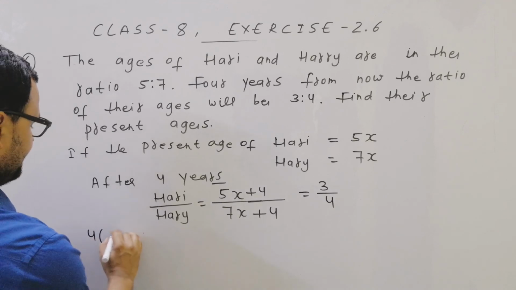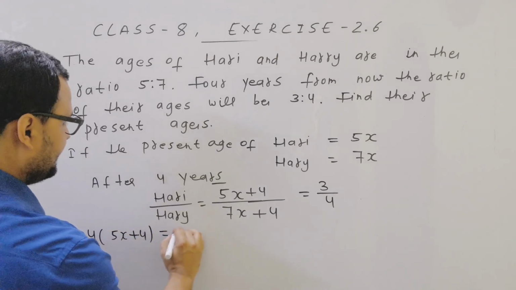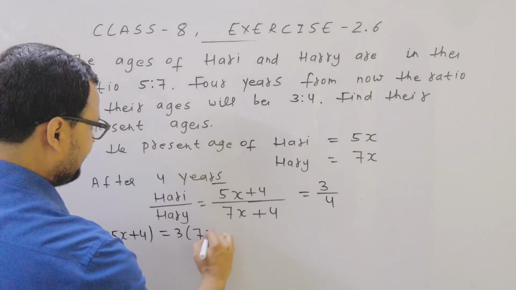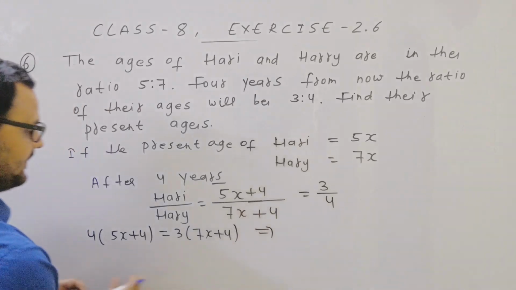Again cross multiplication. So cross multiplication means, now I'll start from here. 4 into 5x plus 4 equals 3 into 7x plus 4. I will continue because we don't have a lot of space.